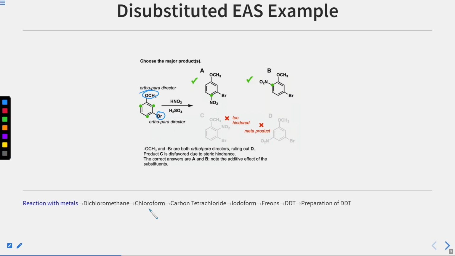To understand that, you must have a clear idea of what a halogen does to a benzene ring. I have told you yesterday also that this halogen has more inductive effect, or you can say more minus I effect, rather than its resonance effect, or you can say it is more pronounced. Due to this reason, halogen is overall a deactivating group.